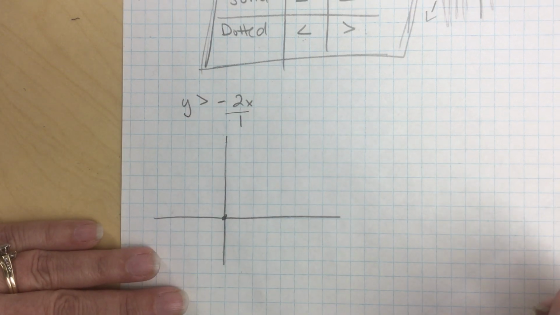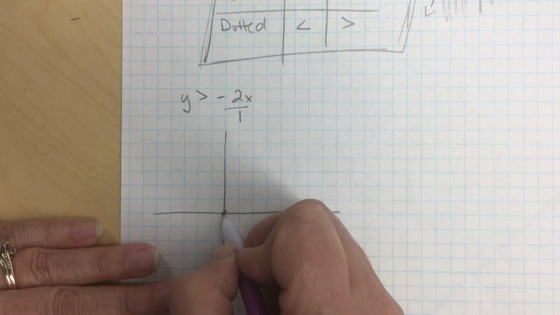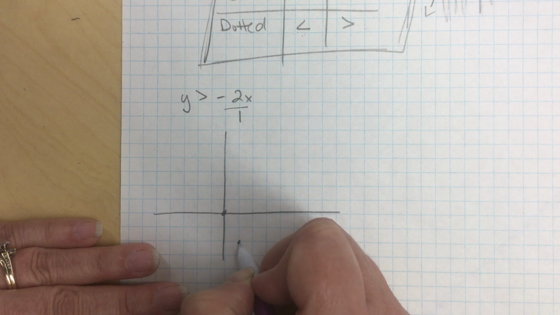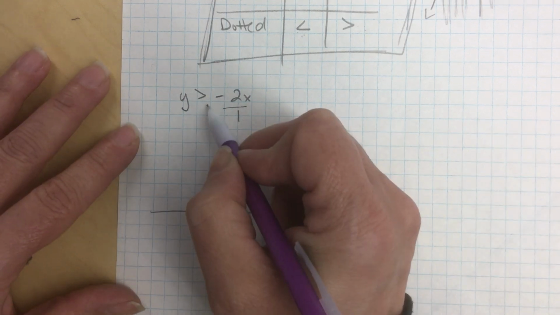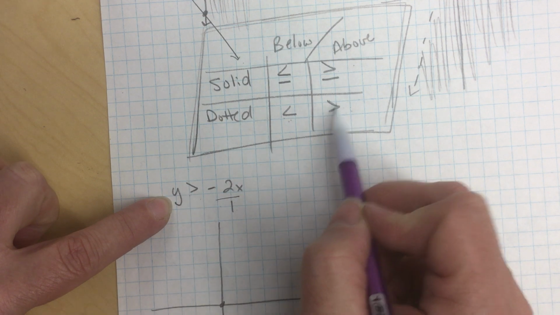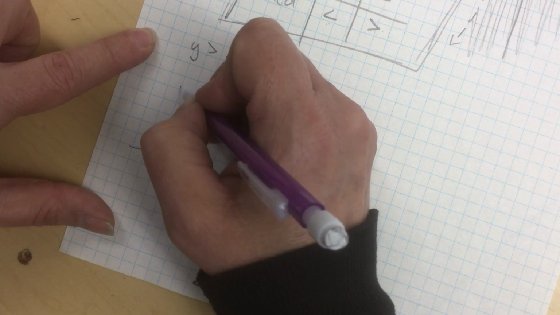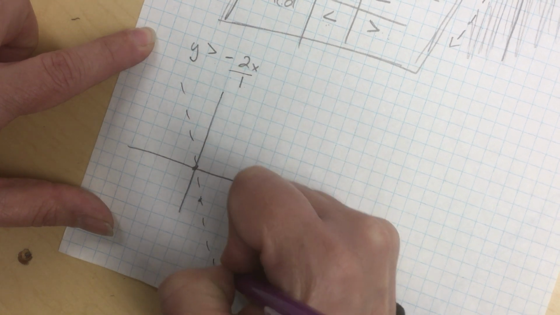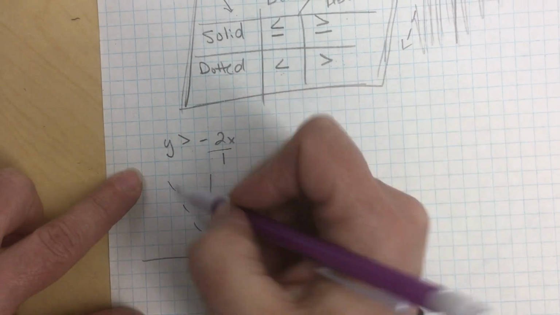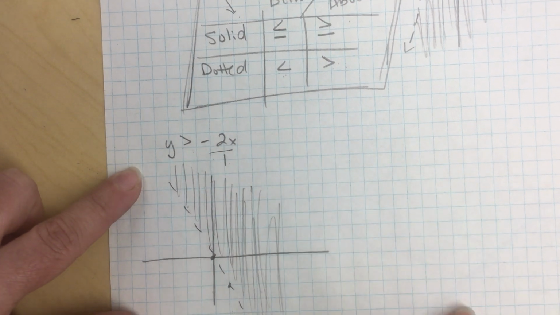You put it over 1. So my slope is -2. From the origin, I'm going to go down 2, to the right 1. And I'm going to do a dotted line because it is just greater than. So greater than, I'm going to do above it, and it's going to be dotted. So my dotted line would look like that, and I'm going to shade above it. So that would be my answer for that one.